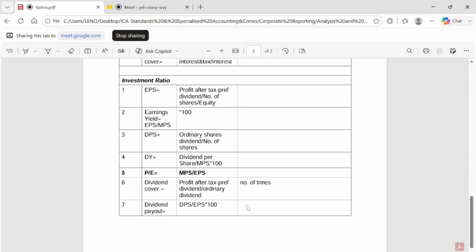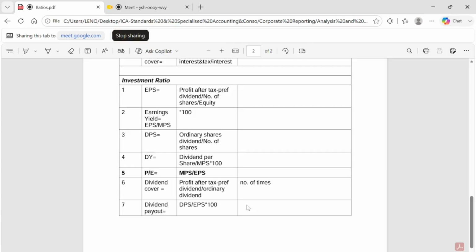You said it is used to measure how much an investor is willing to pay. Yes, it's willing to pay. So here, what I mean is that you use that one to measure how much an investor is willing to pay for every 1 cedi of the company's earnings.